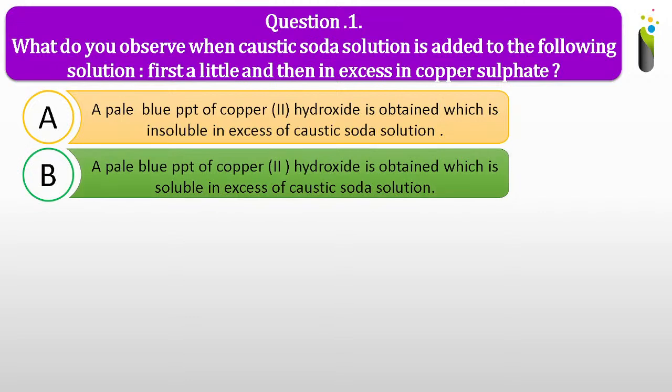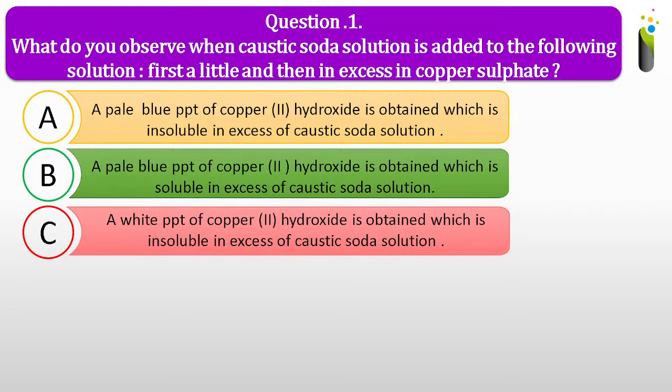B. A pale blue precipitate of copper hydroxide is obtained, which is soluble in excess of caustic soda solution. C. A white precipitate of copper hydroxide is obtained, which is insoluble in excess of caustic soda solution.